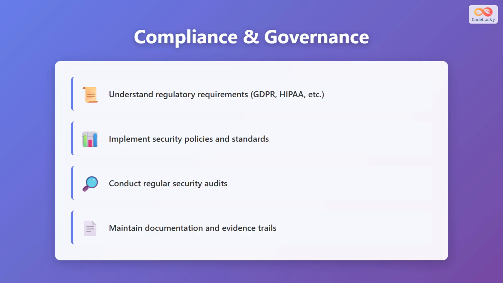Conduct regular security audits to assess whether your security controls are working effectively and to identify areas needing improvement. Maintain documentation and evidence trails that demonstrate compliance efforts, including security assessments, policy approvals, training records, and incident response activities. Strong governance ensures security isn't just a technical issue, but an organizational priority with clear accountability.